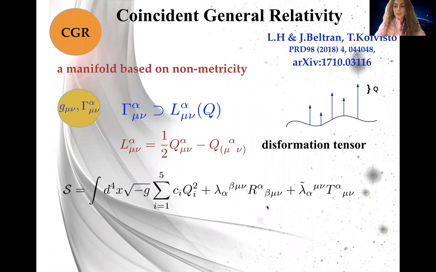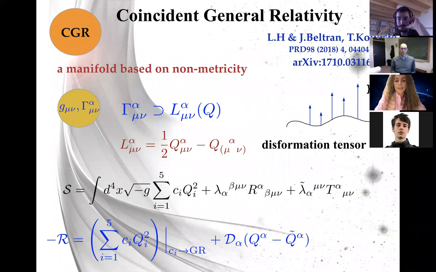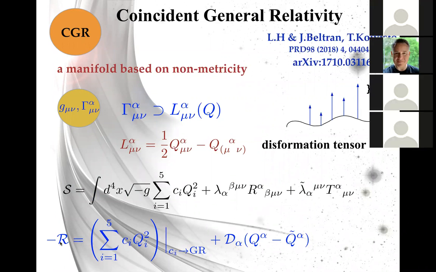And with Lagrange multipliers, we again make sure that we have flat space-time and that the space-time is free of torsion. And only if you choose these 5 coefficients of these contractions in this very specific way, you obtain an equivalent theory to general relativity with just 2 propagating degrees of freedom. And again, if you want to relate it to the standard Einstein-Hilbert Ricci scalar of the Christoffel symbol, the relation is again given in terms of some total derivatives.